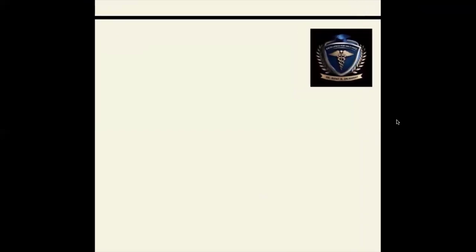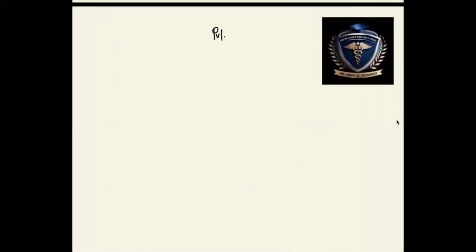Now, come to the management of pulmonary embolism. How would we manage pulmonary embolism? Pulmonary embolism patients are usually placed in 2 or 3 categories. Sometimes they are classified into non-massive, moderate, or massive.